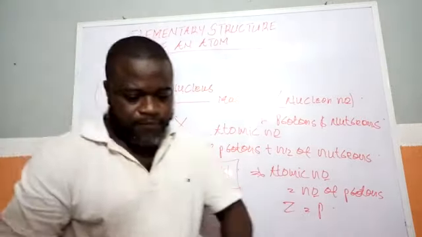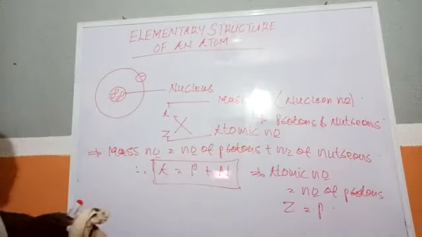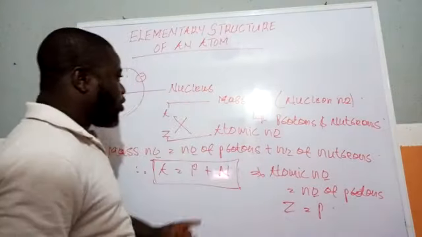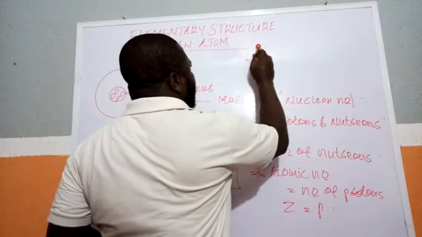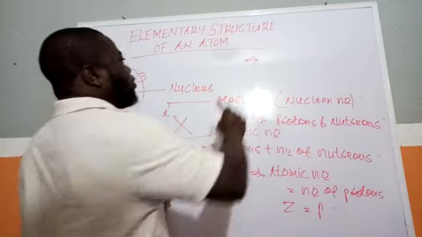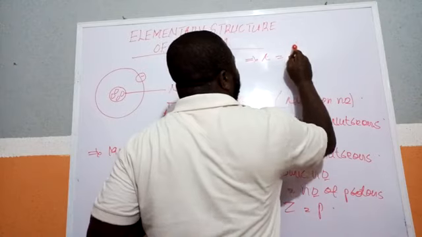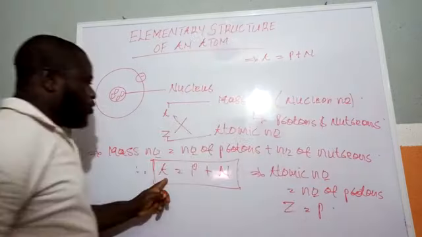So let's move on, but take note of this. I want to talk about the relationship between the atomic number and the mass number. Normally, mass number is equal to the number of protons plus the number of neutrons in the nucleus of an element.